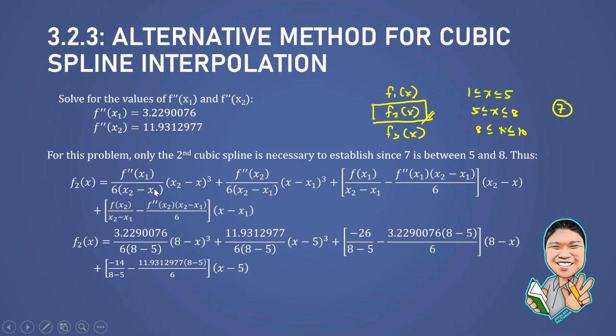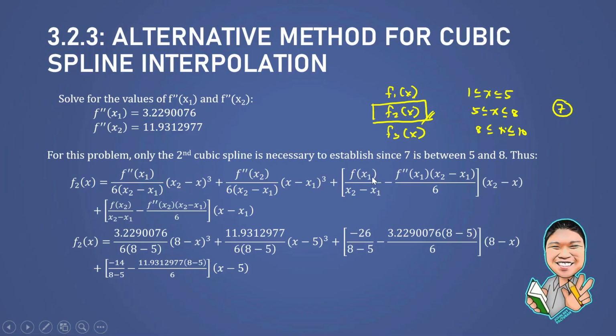Yung x sub 2 is 8, yung x sub 1 is 5, times the quantity 8 minus x. So, yung x, hayaan muna natin siya as a variable, cube, plus 11.931299 kasi yung f double prime x sub 2 is 11.931297 all over 6 tapos 8 minus 5, the quantity x minus x sub 1 or x minus 5 cube.